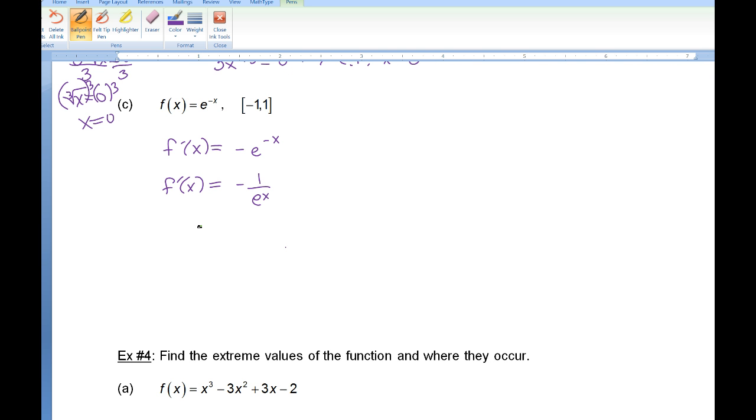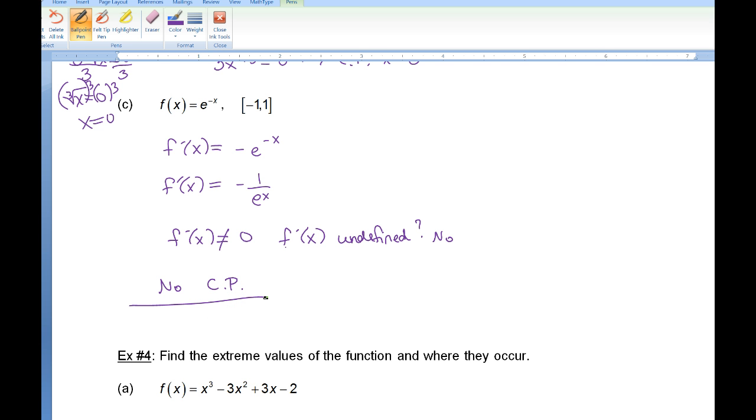Is there any place where f prime is equal to 0? No. Is f prime of x undefined anywhere? No. There's no critical point.